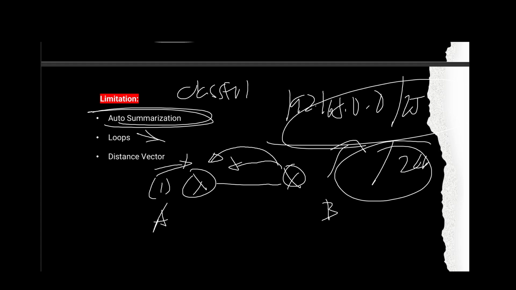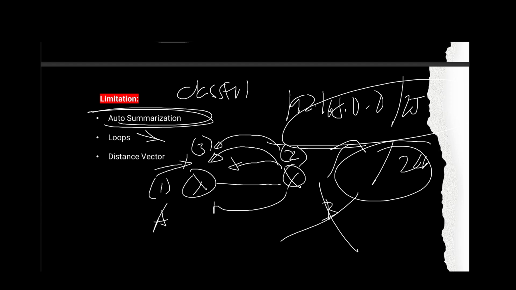But what happens is that if this goes down, and this router says, I cannot reach router B, but it talks to this router, which says I can reach router B by hop 1. So it will create, oh okay, I can reach router B by hop 2. Once it goes back here, oh, you can reach router B by hop 2, I can reach router B by hop 3.